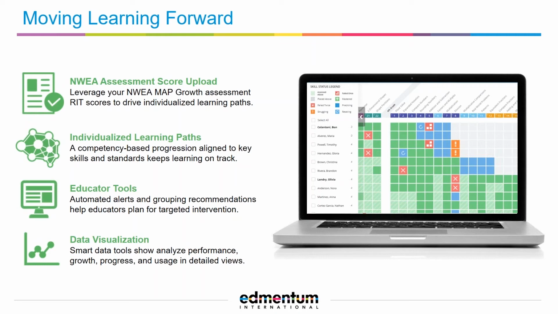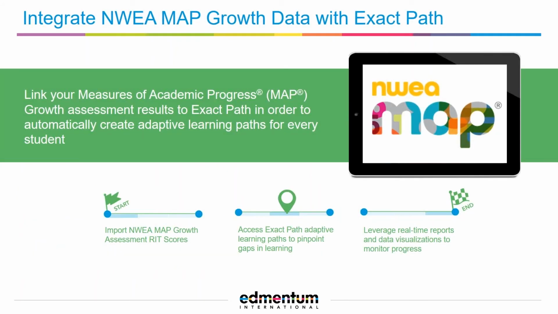And that's something that I think has been key to how schools have used ExactPath over the last year or two. And we've had some really good successful stories about how schools have incorporated data that they already have in place. Or if you don't have an assessment in place, you can actually use the assessments that we've built into our ExactPath tool. But I just really wanted to touch on that just to give you an example of some of the tools that we currently use and supply schools with.